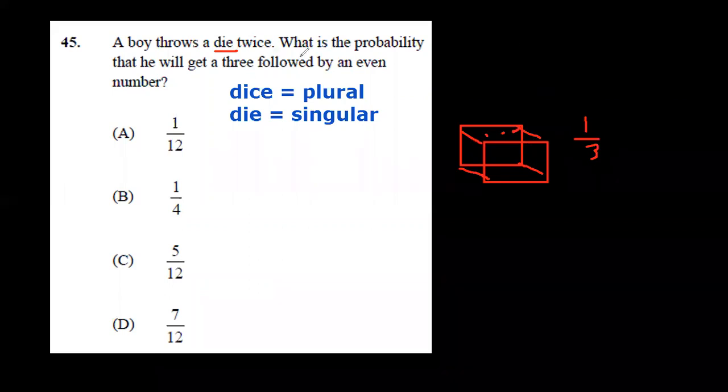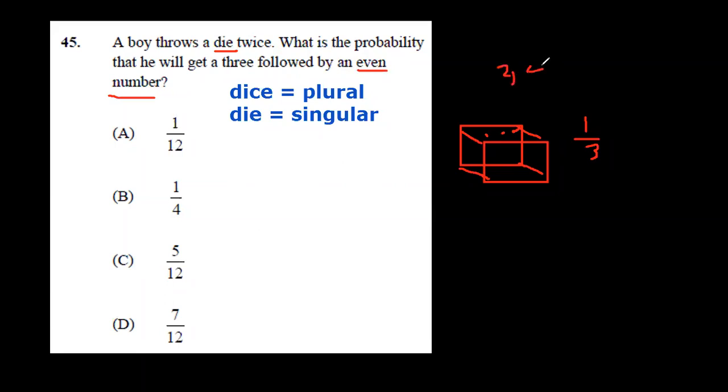Then they said a 3 followed by an even number. How many even numbers are there? There's 2, there's 4, and there's 6, inclusive of 6. So 3 even numbers out of 6 on the die altogether, which gives me a half.